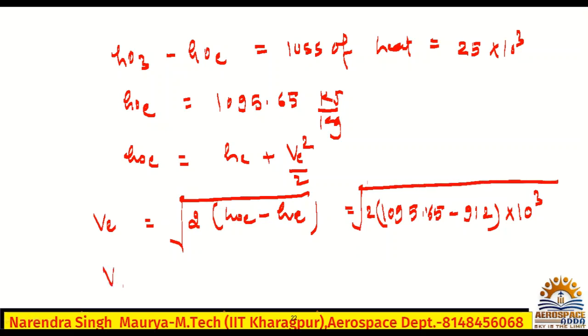Let me calculate this. How much? So 912, into 2, into 10 to the power 3. We'll take root of it. It is approximately 606.06 meter per second.